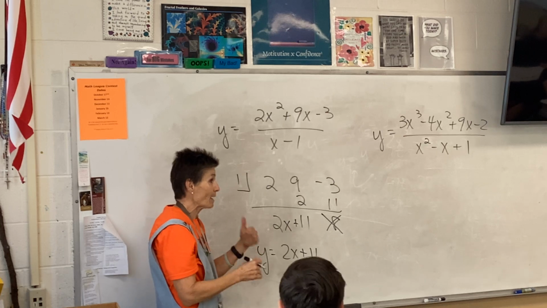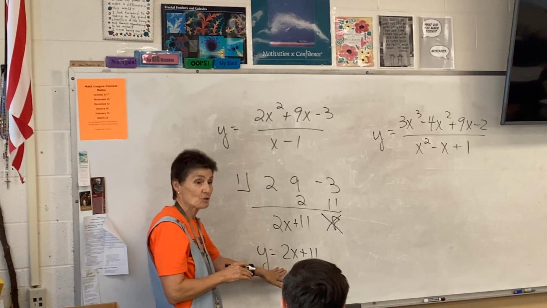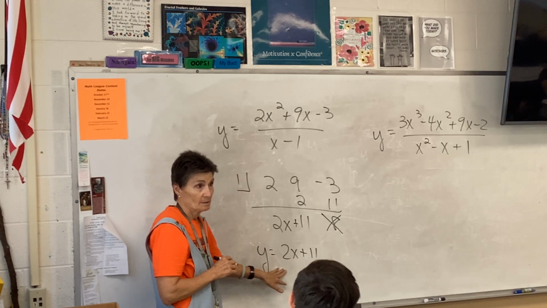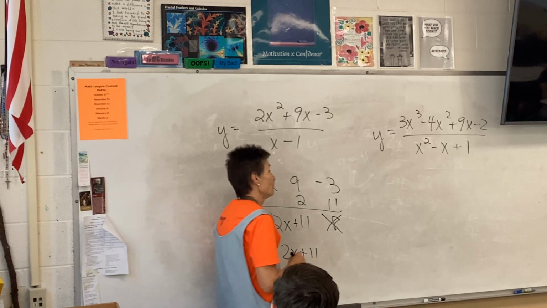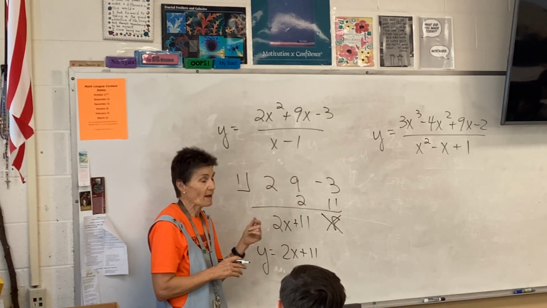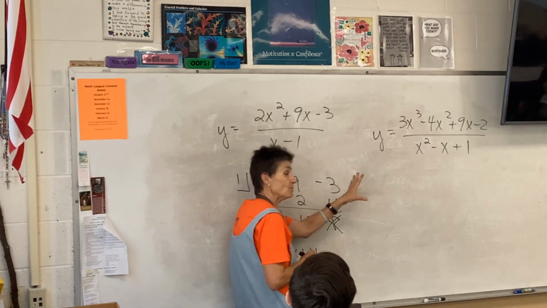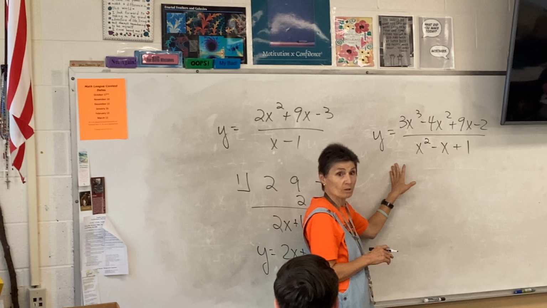So when we get around to graphing this thing, you will graph the line 2x plus 11 as your asymptote, okay? Now, I love synthetic division. Do it so fast, so easy. Can't do this one with synthetic division, so we'll have to do this one with long division.